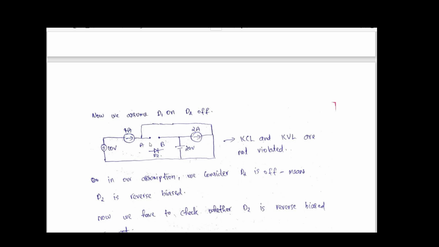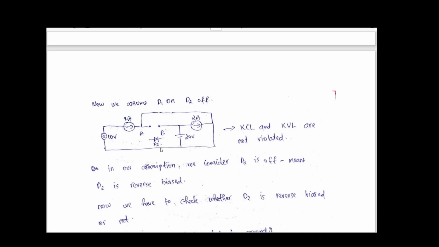Here, KCL and KVL are not violated, because whatever current enters this point is leaving through this branch. So KCL is not violated, and we can also apply KVL in this loop. So KVL is also not violated. Regarding the basic things, it is fine.